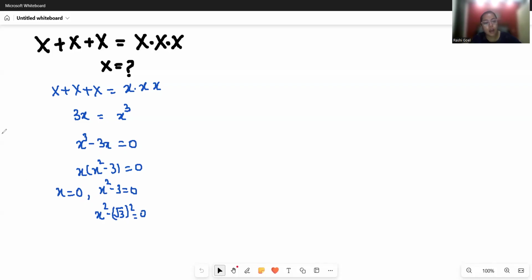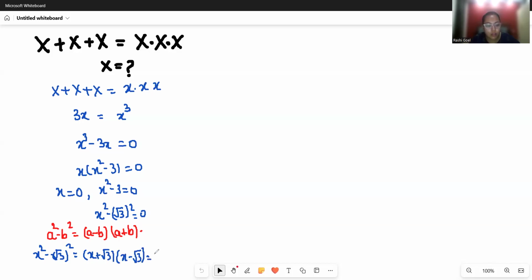Now, I am using the identity that is a square minus b square, which is equal to a minus b times a plus b. So we can write this as x square minus root 3 square equal x plus root 3 times x minus root 3 equals 0.